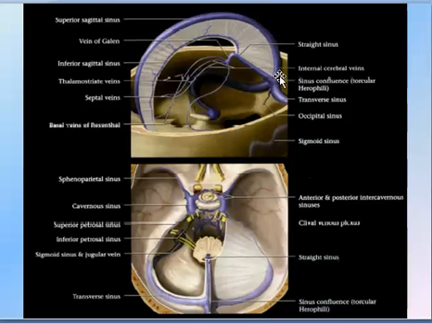This straight sinus is draining both the superior sagittal, inferior sagittal, and the vein of Galen. The vein of Galen is the one draining the internal veins inside here.